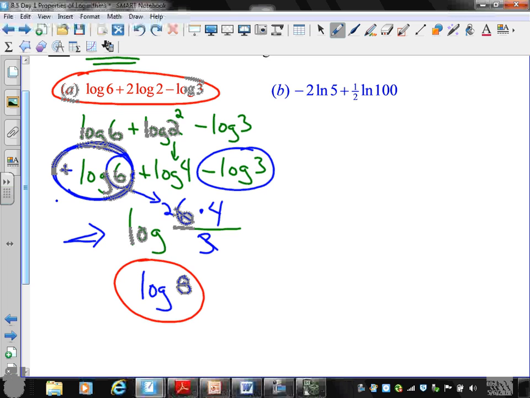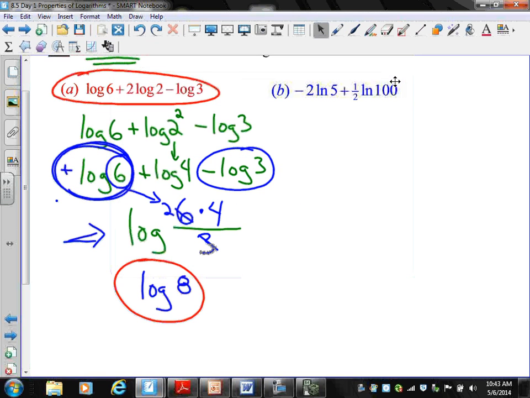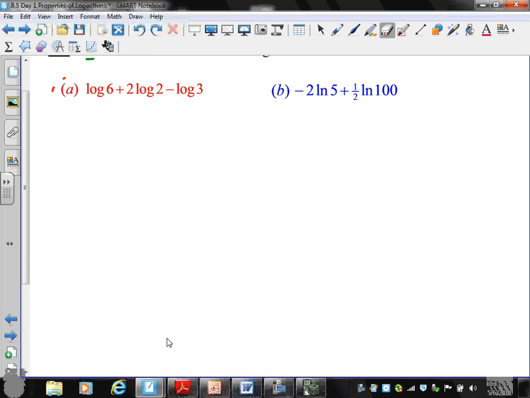Okay, let's look at one more example here where we're going to condense again. No new operations, no new formulas here, or no new properties, but just a little different problem here. So first of all, I'm going to clear all this other stuff out and make some room so it's nice and clean. Okay, so same ideas here. Any and all of these coefficients are going to go back inside as exponents.